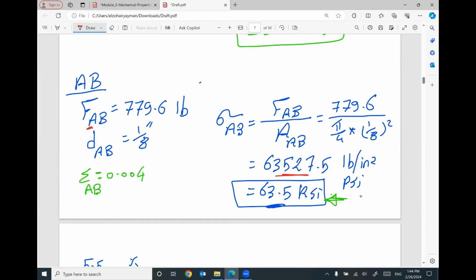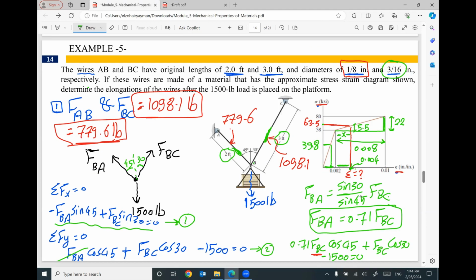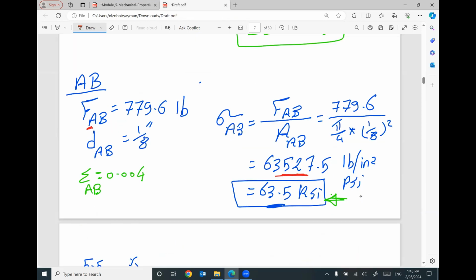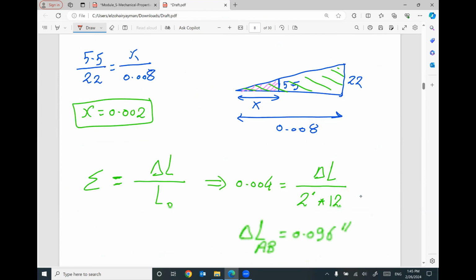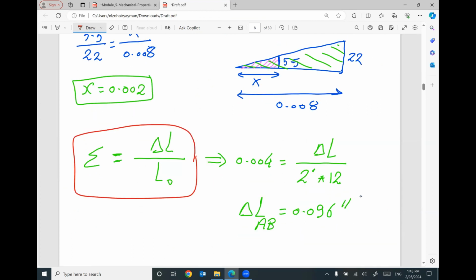Then I'm going to use this given stress-strain relationship with the stress to figure out the strain. Once you get the strain, this strain equals the elongation divided by the original length, then I can figure out the elongation.